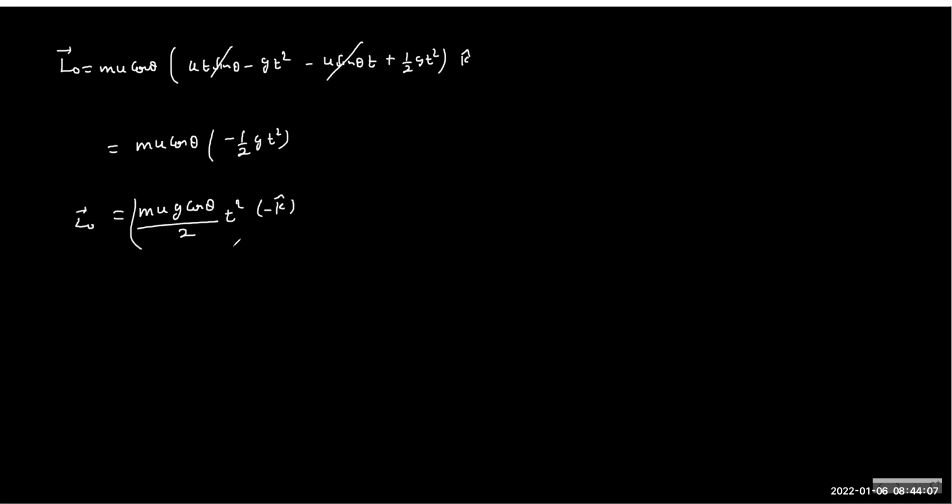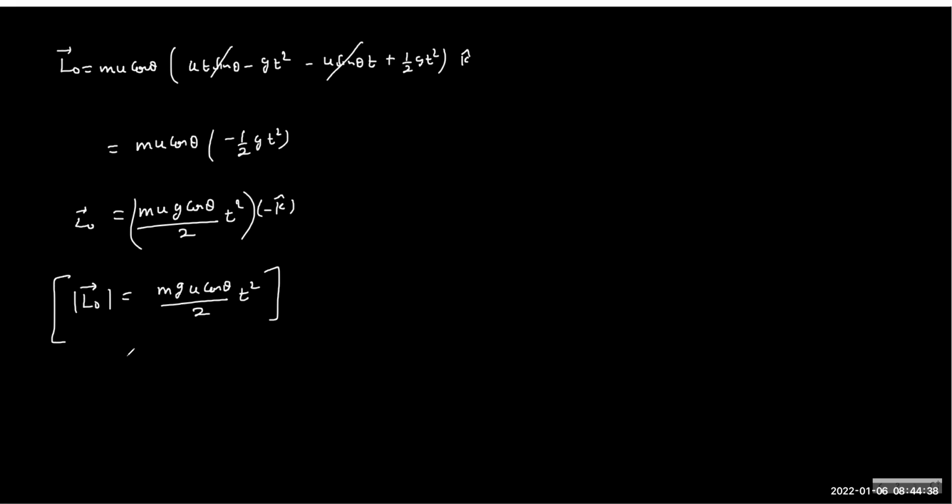So this is the magnitude part. So the mod of angular momentum as a function of time t is m g u cos theta t square by 2.